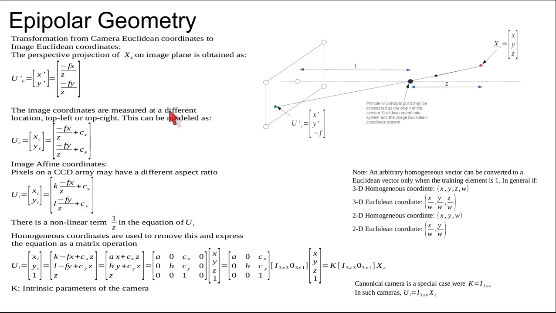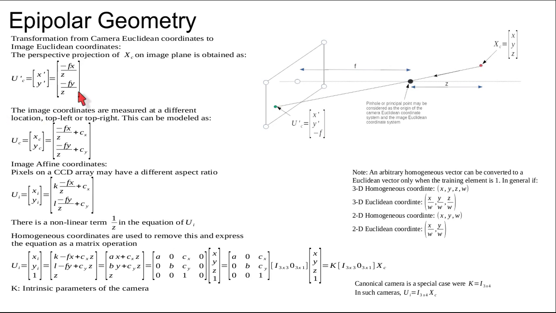The image Euclidean coordinates may also be measured against a different location. So they may be measured from the top left or the top right corner. This can be modeled as uc equal to minus f into x divided by z plus cx, where cx and cy are the translation parameters that are required to move the origin of the image Euclidean coordinate system.